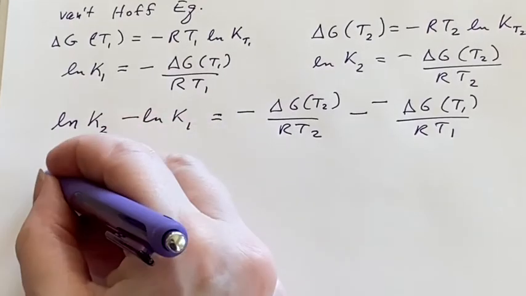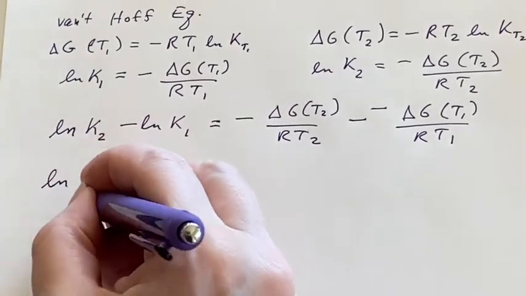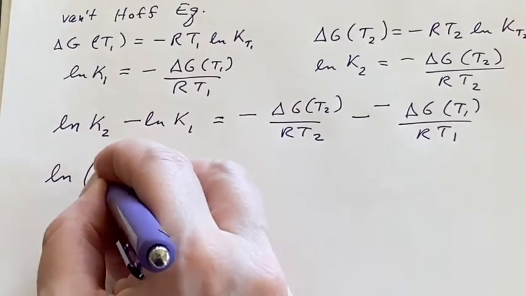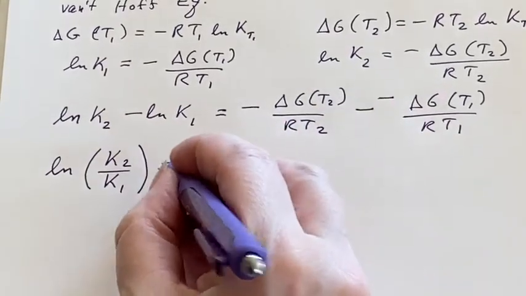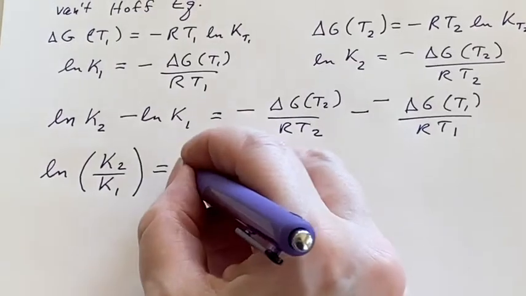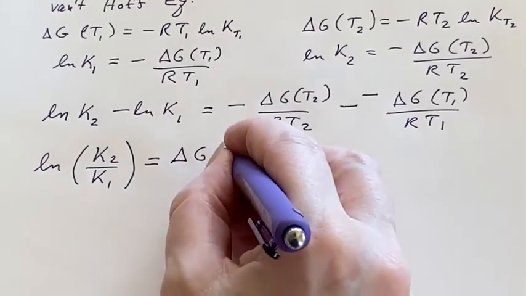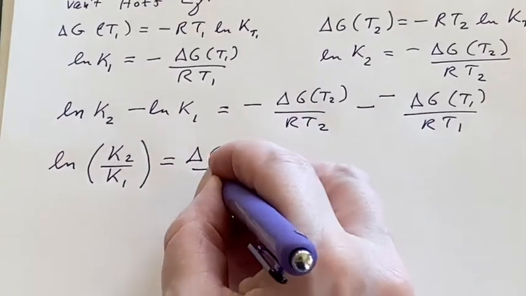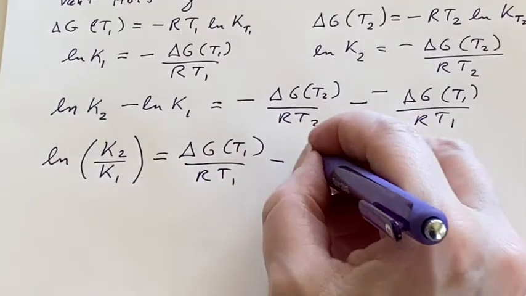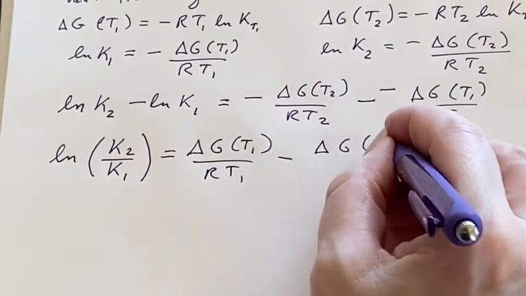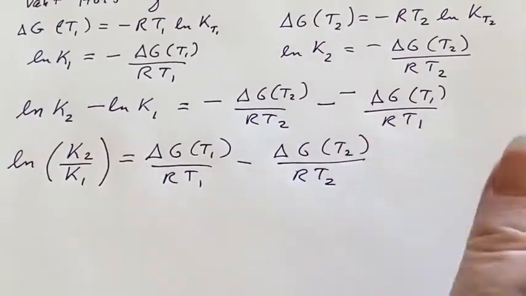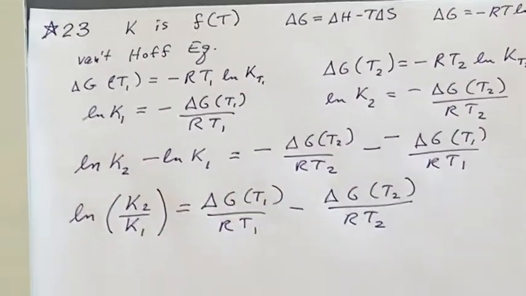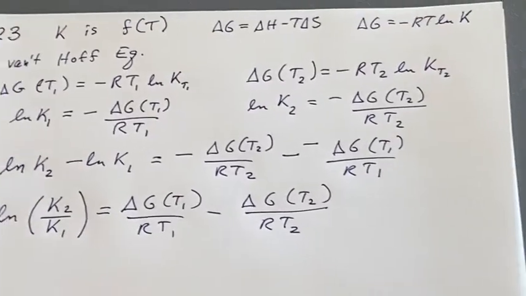This is the same thing as saying natural log of K2 over K1. And this, well, gee, since that's positive, I'll write it first because that just seems a lot nicer. Delta G of T1 over RT1 minus delta G of T2 over RT2. That still doesn't look like the Van't Hoff equation. So what are we going to do next?